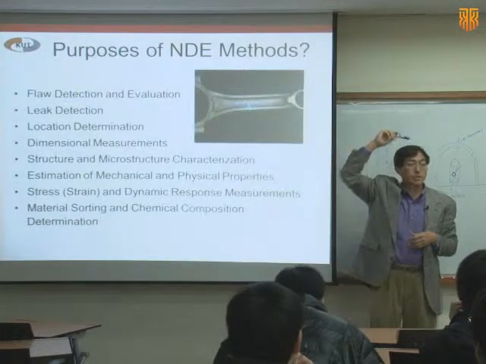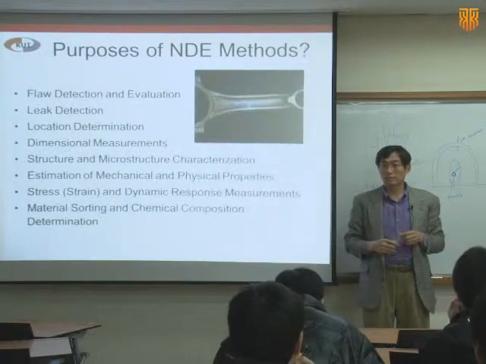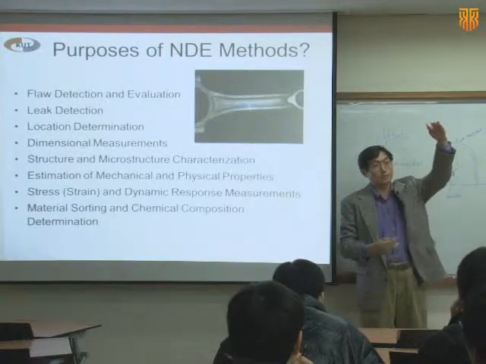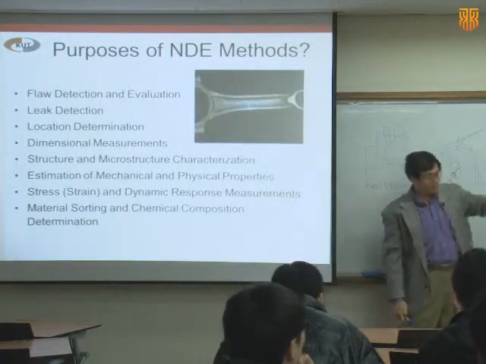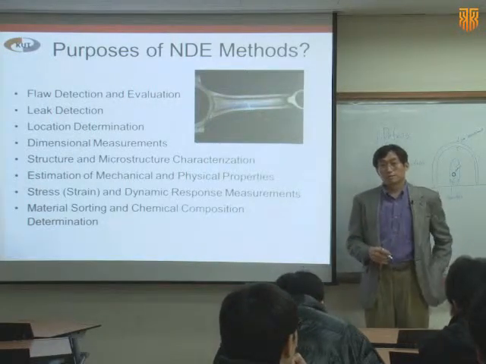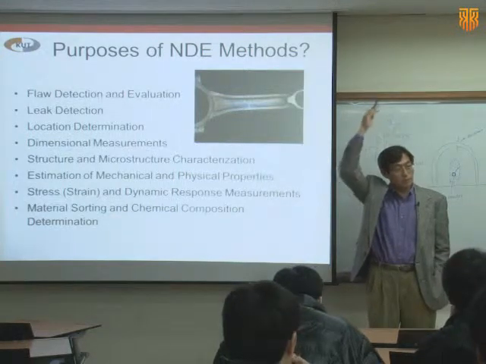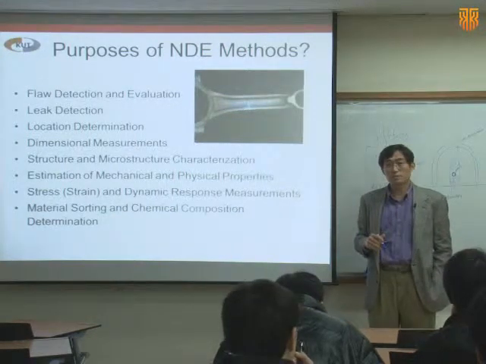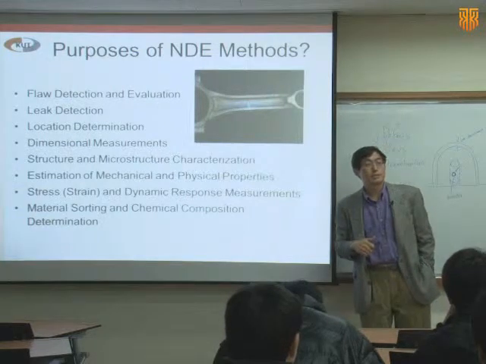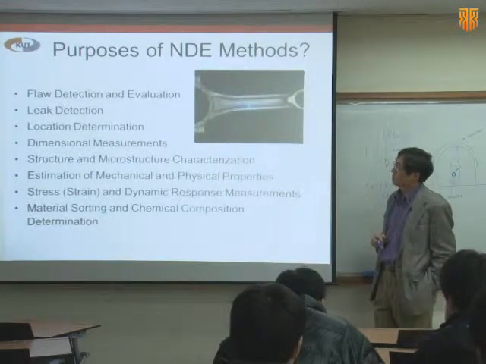Then you can measure the distance between the ceiling and my head. And if you subtract that distance from the whole height of the ceiling, from the bottom, then you can easily measure my height, right? That is one simple example of dimensional measurement.